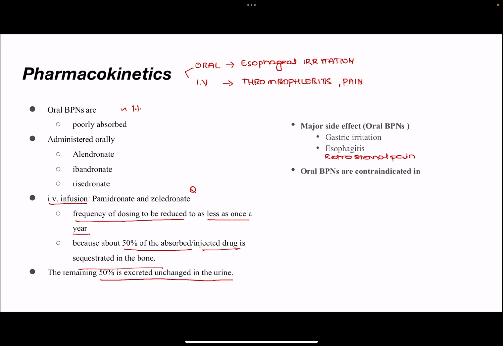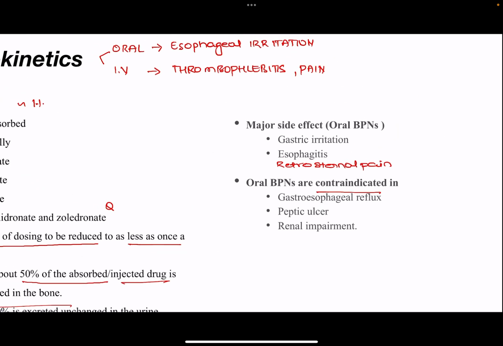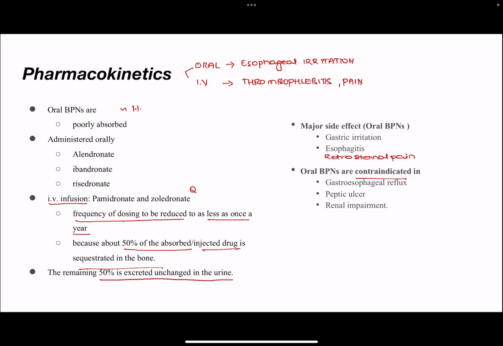Which are the conditions where oral bisphosphonates are contraindicated? They are contraindicated in patients suffering from gastroesophageal reflux disorders, peptic ulcer, as well as renal impairment. So whenever oral bisphosphonate is prescribed, we need to ask the patient to sit in an upright position when taking the tablets for at least how many minutes?